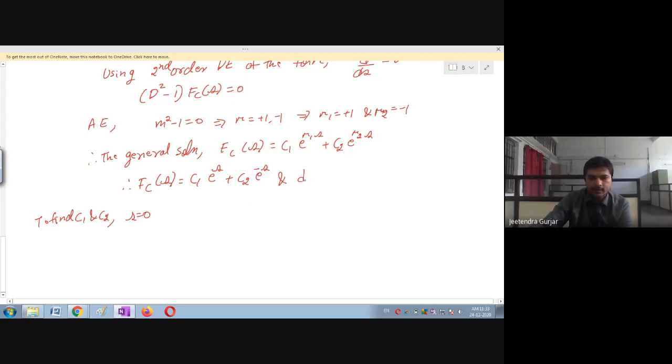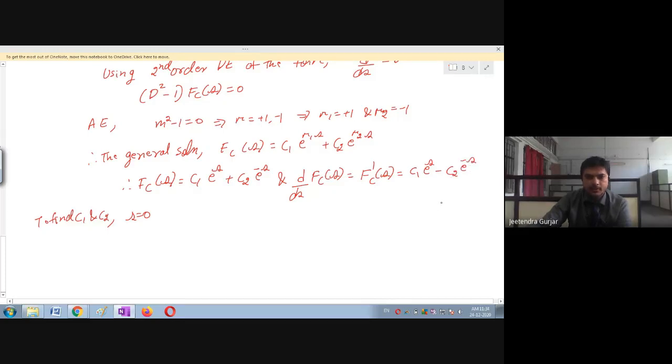So I can write like this: d upon ds f c s is equal to, I can just denote it by f dash c s is equal to, you can see c1 is constant, I will write it c1. What is the differentiation of e raised to s? e raised to s itself. Then you can see this is plus c2 is constant, and differentiation of e raised to minus s is minus c2 e raised to minus s.